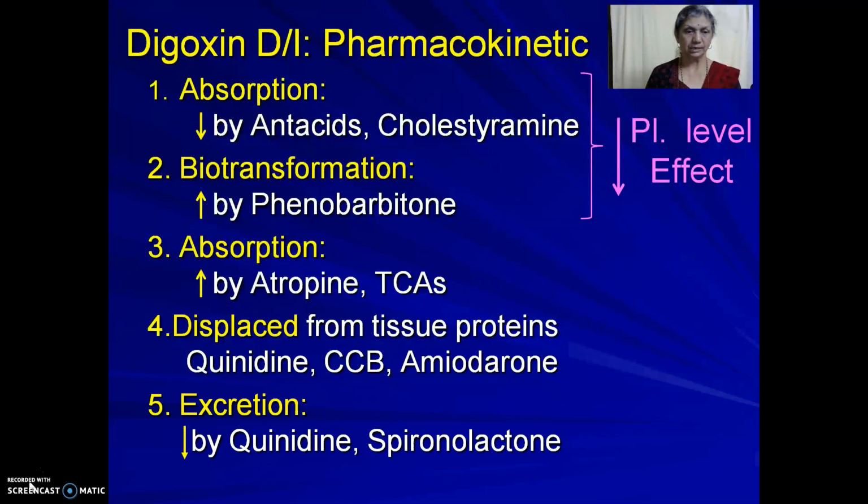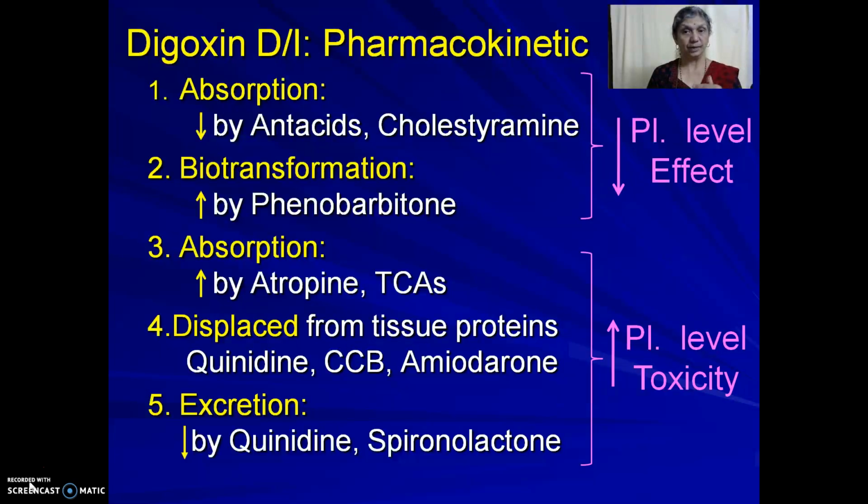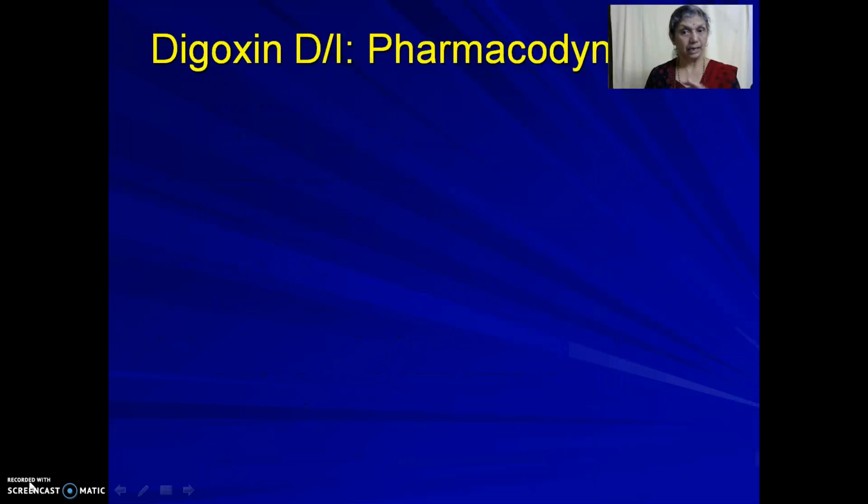And certain other drugs, again quinidine or spironolactone, the potassium sparing diuretic, can reduce the excretion of digoxin. And all these three actions would increase the availability of digoxin, leading to increase in effect or even toxicity of digoxin.